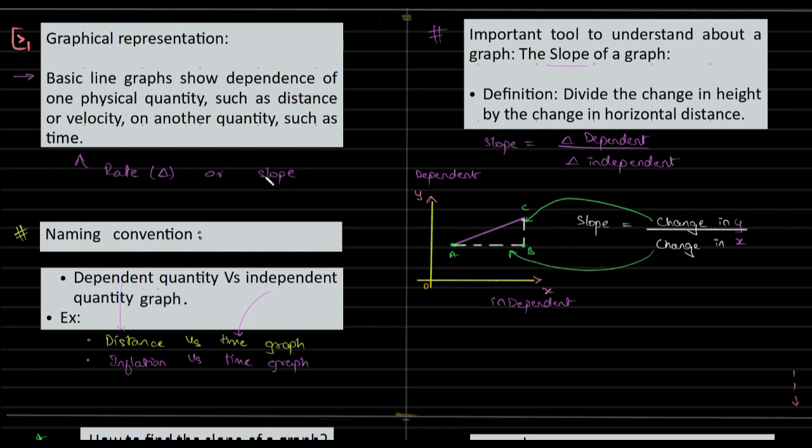That's the very definition of rate of change and slope. This is your naming convention, always the dependent first and then the independent. And we discussed the slope. From a graph, how do you find the slope? It's very simple. Look at the change in y and look at the change in x.